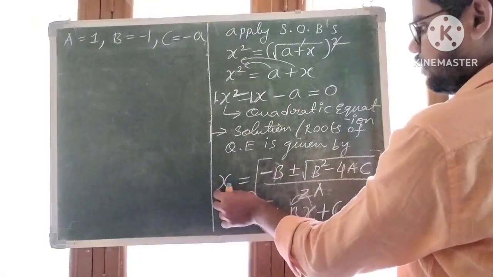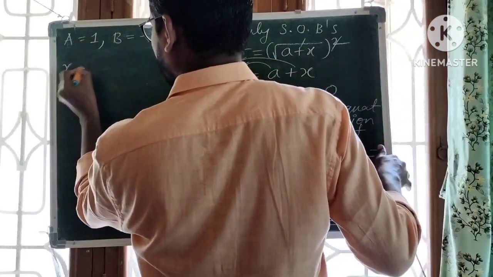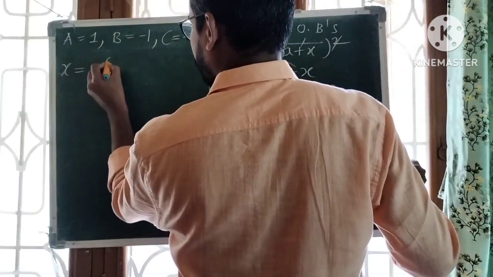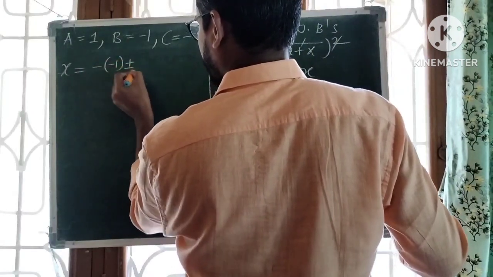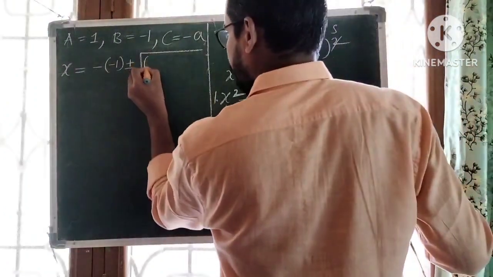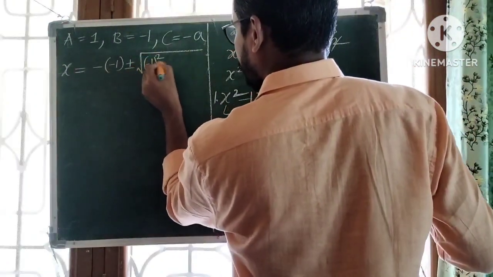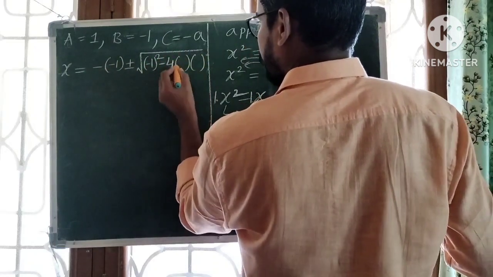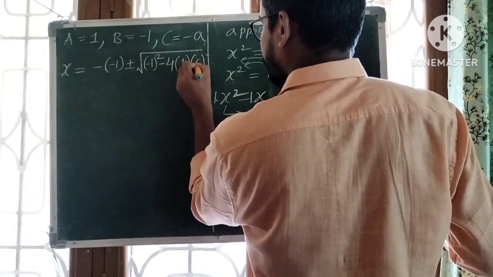Okay, now let us use this formula. x is equal to the solution of the quadratic equation: x is equal to minus b plus or minus root over b square minus 4ac, whole divided by 2a. The b value is minus 1, so b square is minus 1 whole square, minus 4ac. The a value is 1, and the c value is minus a.